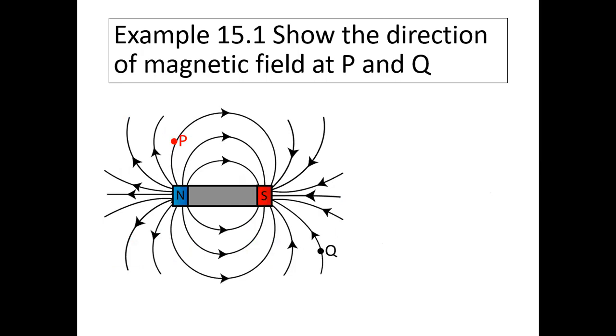The Q is going towards south. P is going, it's not facing north, right? It's a tangent. P and Q are facing south. Follow this arrow, but it must be a tangent at this point, right? Tangent at this point.